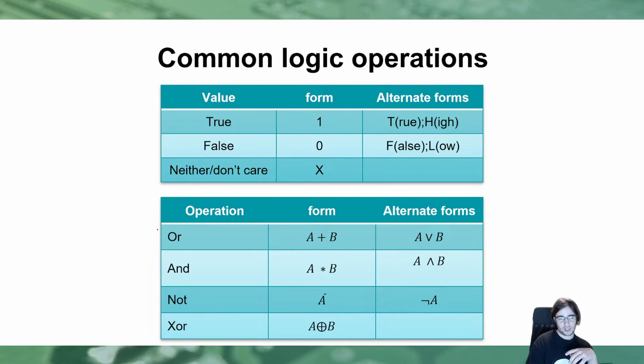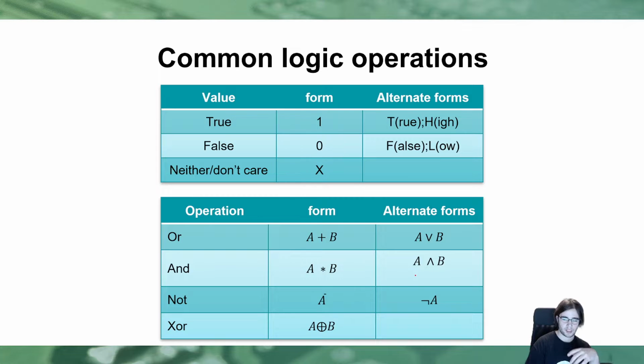And the standard operations are or, which I've shown above, like in the last slide already. A plus B is usually how I'm going to write it. The alternate form, which is also what you will see on Wikipedia, is A with an arrow down, B. Then there is and, so A and B, which in the alternate form is an arrow up, basically.